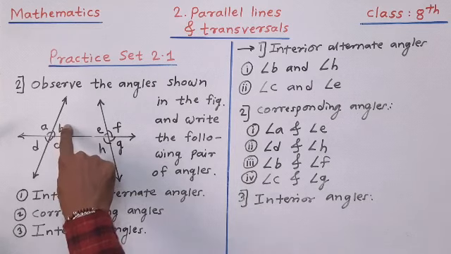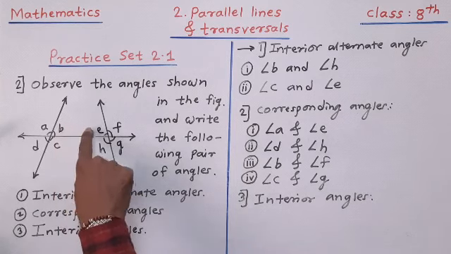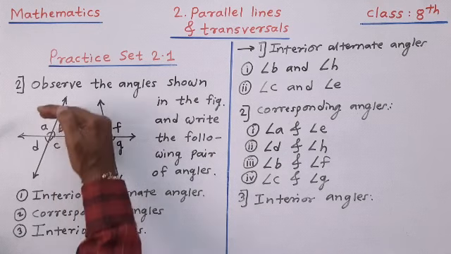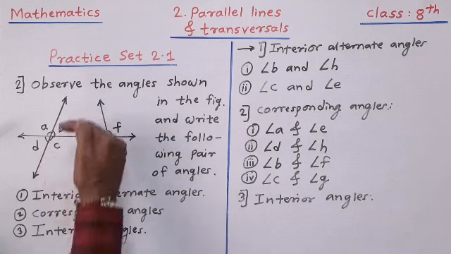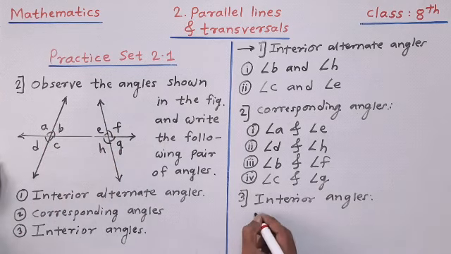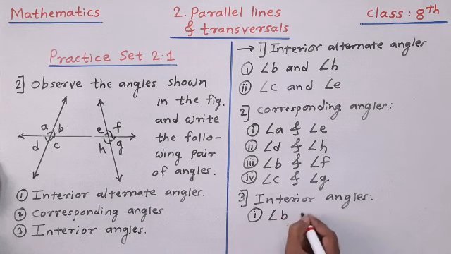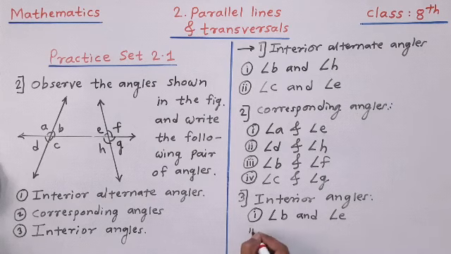If we take angle B, its interior angle will be angle E, on the same side of the transversal and within the 2 lines. So the first pair of interior angles is angle B and angle E. Interior angles have only 2 pairs.